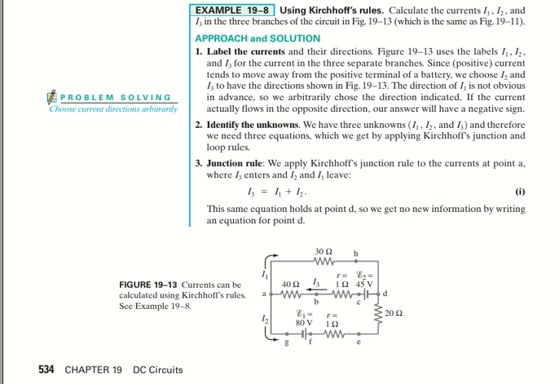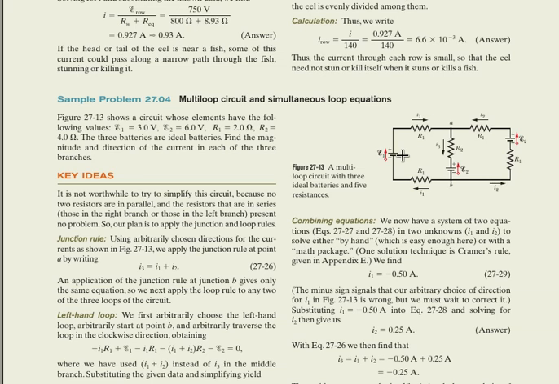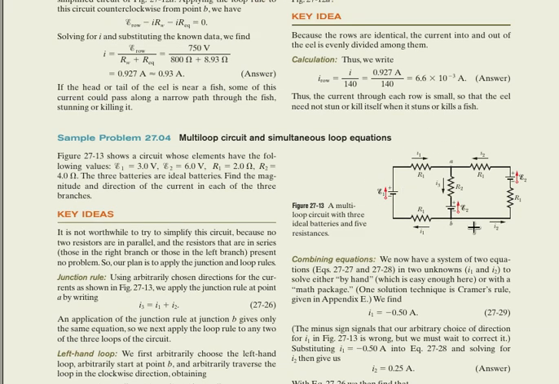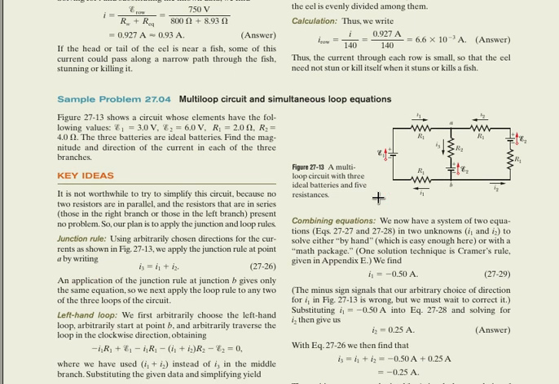One example is the problem I gave you the other day, problem number 5 in the homework. Here you can see we have several batteries, several power sources, and we pick the directions.